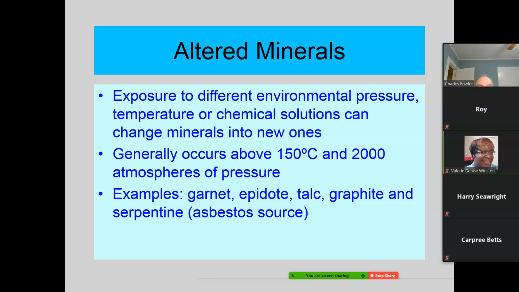I don't know how familiar you are with the Celsius scale, but water boils at 100 degrees Celsius. Normal room temperature is 20 degrees Celsius.